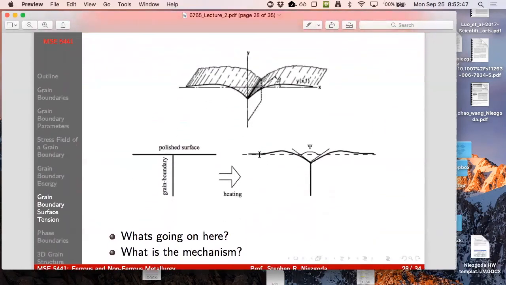Grooving, on the other hand, we initially have a polished surface, and imagine we have a grain boundary that's perfectly perpendicular. That grain boundary is still exerting a tension, right? This has a surface tension as well, the free surface, and we can measure the surface tension of the free surface by ellipsometry, or looking at the contact angles of small droplets on the surface.